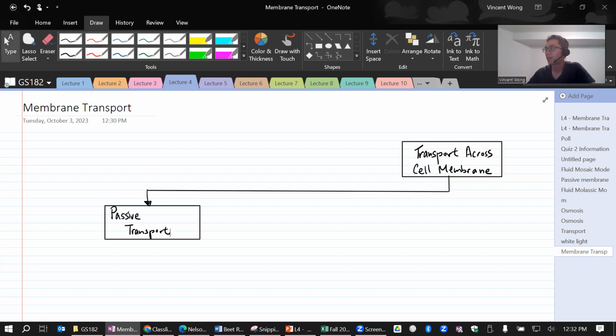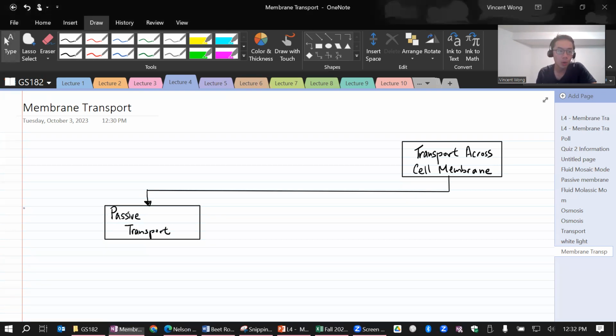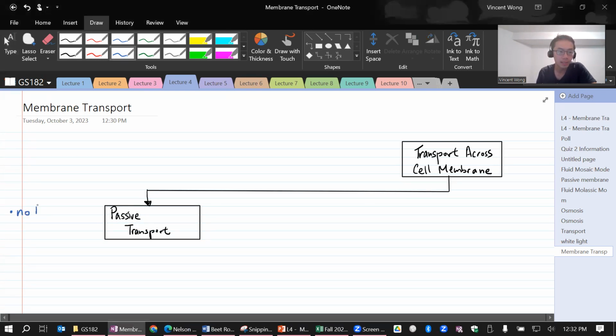For passive transport, we have no need for energy requirement. Okay, so no ATP required.